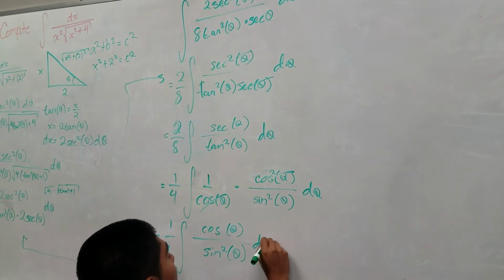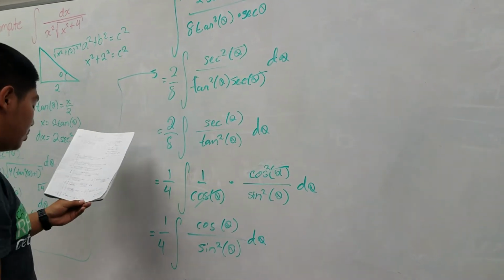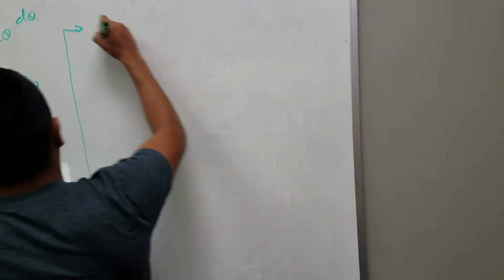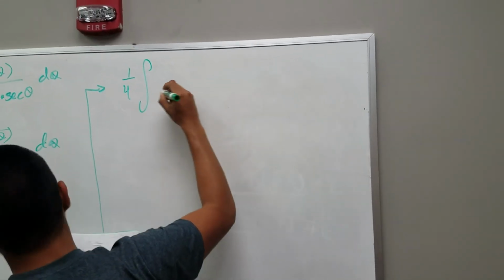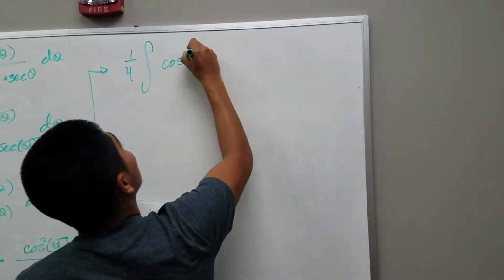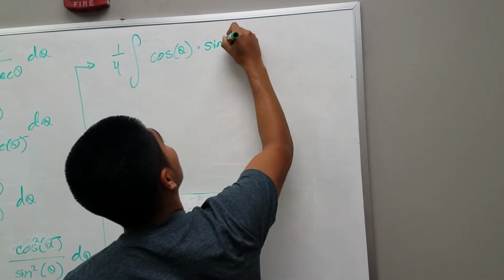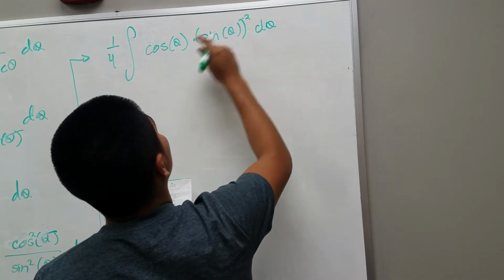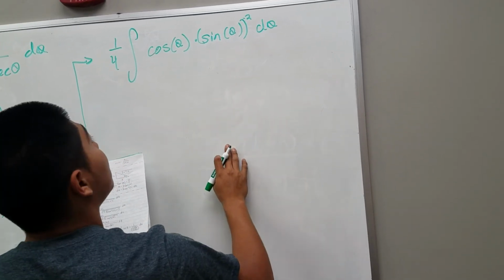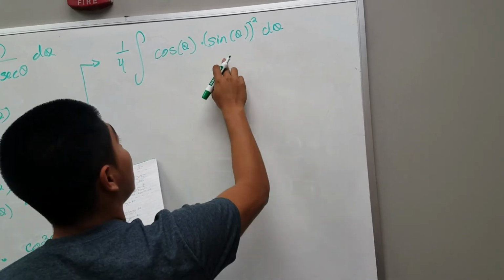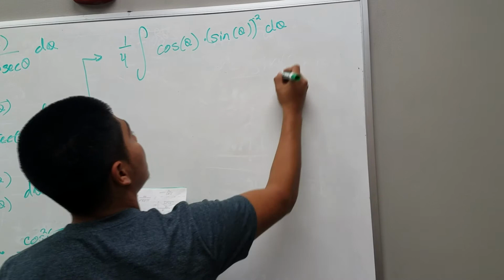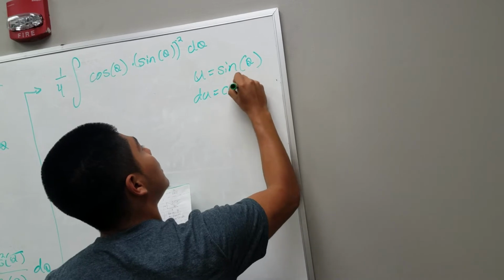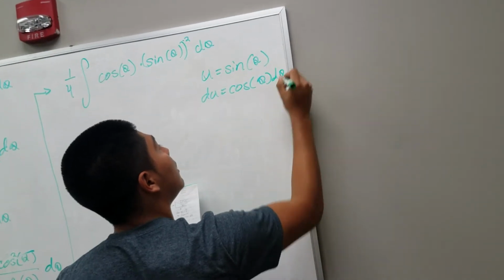This can also lead on to u substitution. We could simplify this even more: it's going to be 1/4 integral of cosine of theta times sine of theta to the -2 d theta. We could do u substitution by claiming that u is equal to sine of theta, so du is equal to cosine of theta d theta.